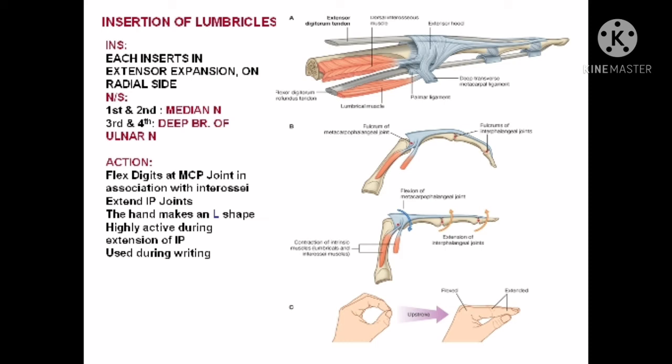Their action: they flex the digits at the MCP joint and, in association with the interossei, extend the interphalangeal joints. The hand makes an L shape, and they are highly active during extension of the IP joints. These muscles are used during writing.